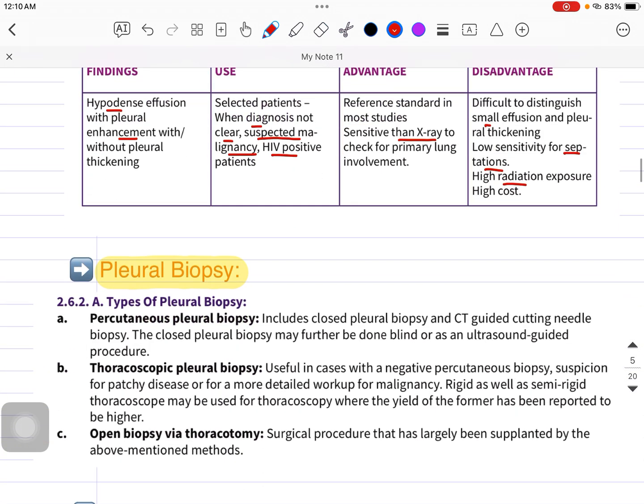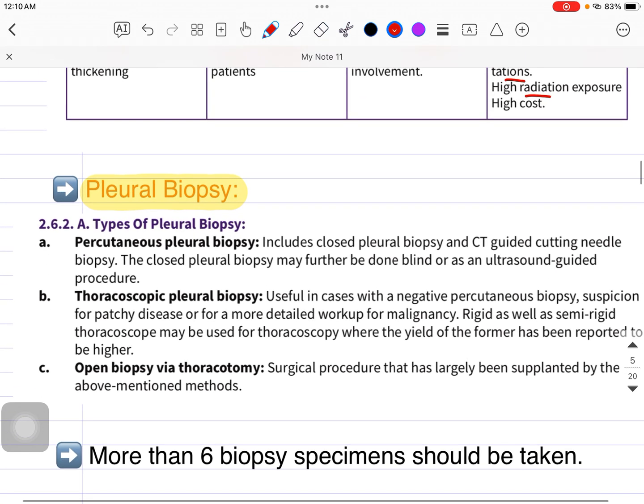Then pleural biopsy, guys, we basically have three kinds of pleural biopsy. One is the percutaneous pleural biopsy, which involves the closed pleural biopsy and CT guided needle biopsy. The closed pleural biopsy can be done blind, or usually it is done ultrasound guided.